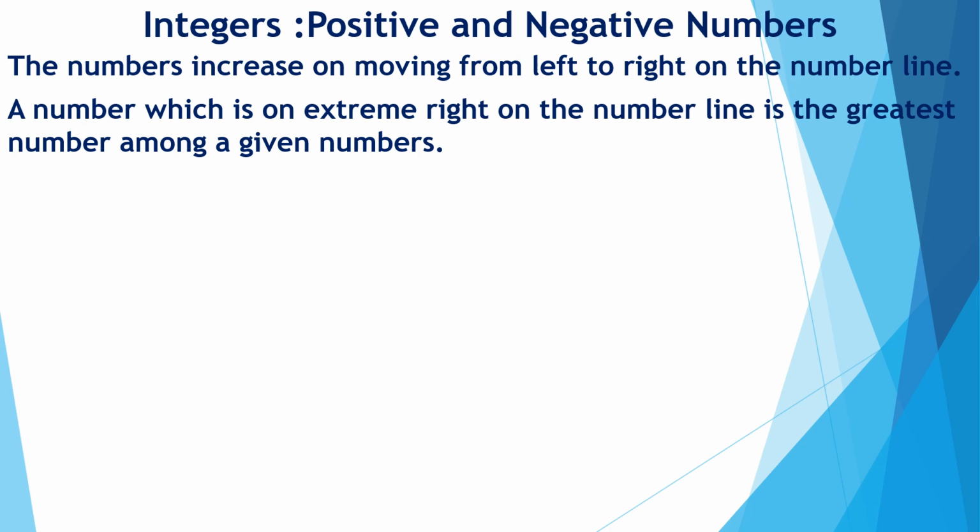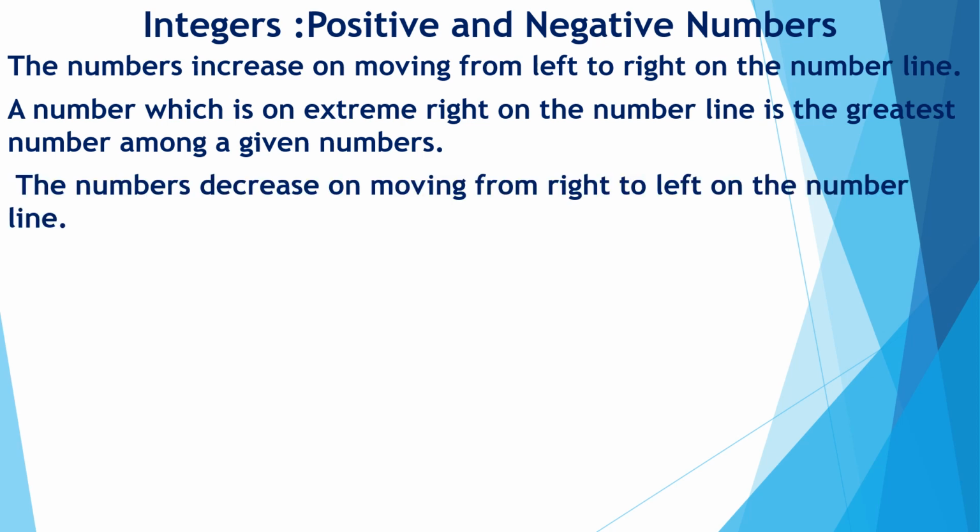A number which is on the extreme right on the number line is the greatest number among a given set of numbers. The numbers decrease on moving from right to left on the number line.